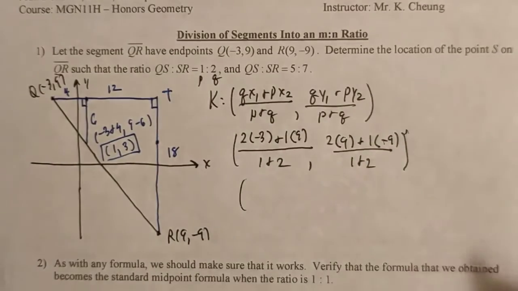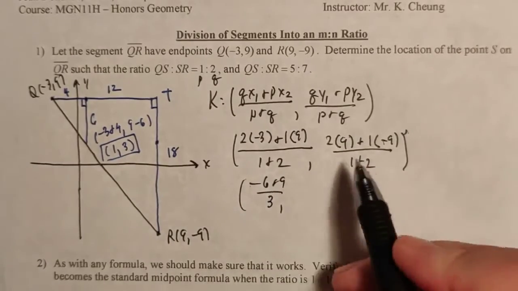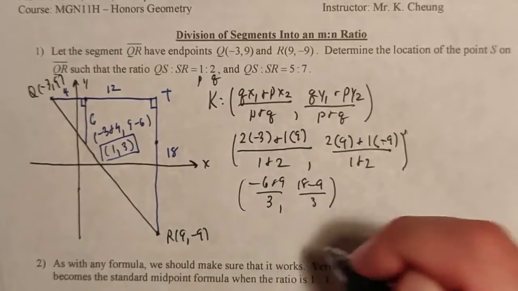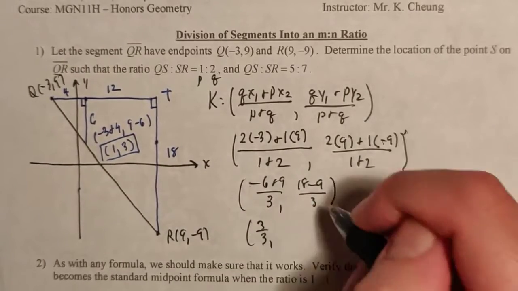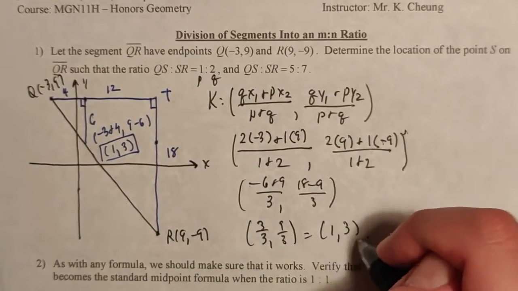So you can see now we can put this together. So let's see, that's a -6 plus 9 over 3. This is going to be 18 minus 9 over 3. So that's going to be 3 over 3, and this is going to be 9 over 3, which again will yield you 1, 3. That's nice.